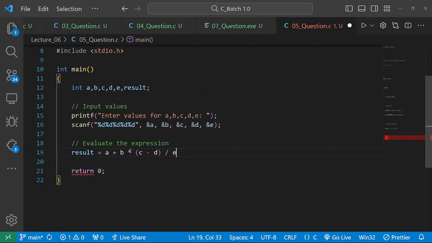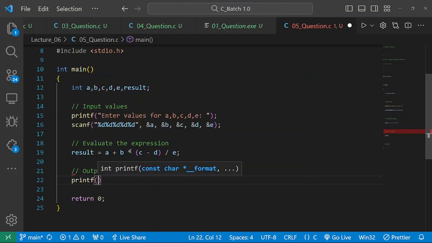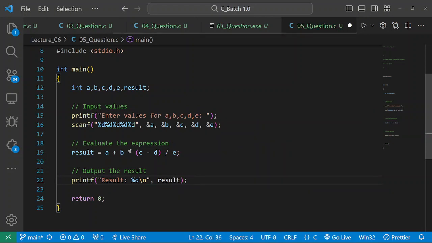Now simply print the result: printf result %d backslash n, result. So this is a simple code in front of you.